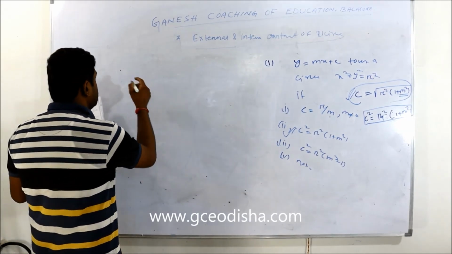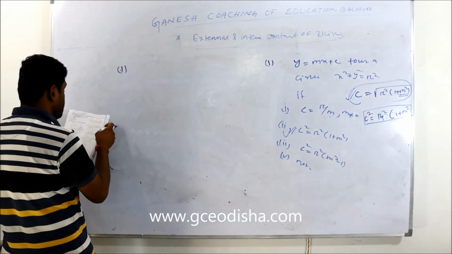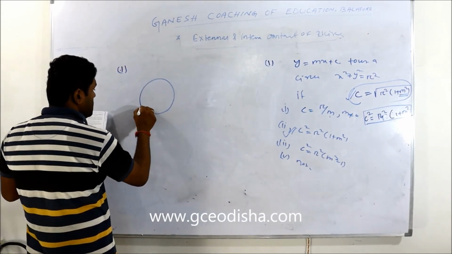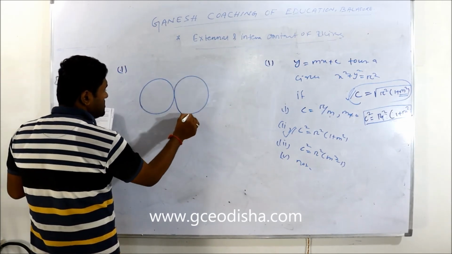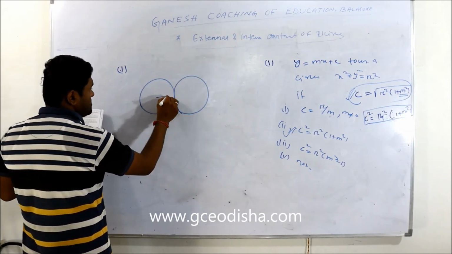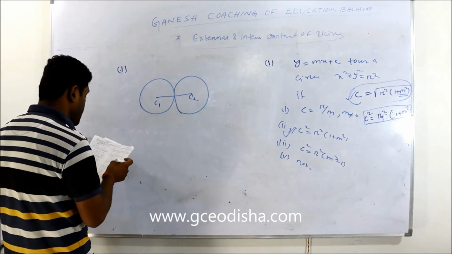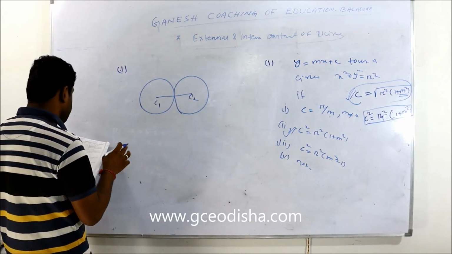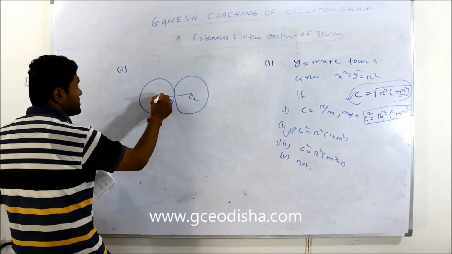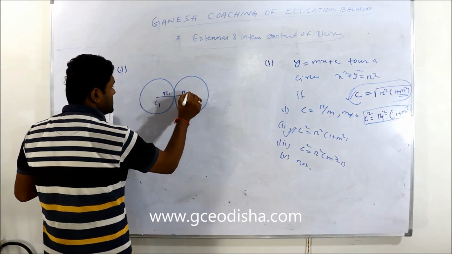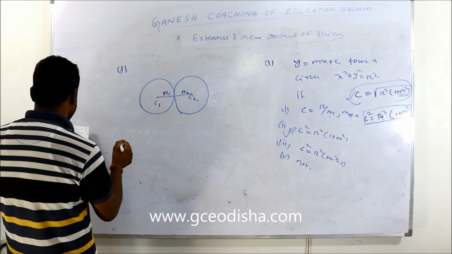Today I told you a concept: when two circles touch each other externally, what will be the condition? The same question is given. When two circles touch each other externally, one circle has radius R1 and another has radius R2. What will be the condition?